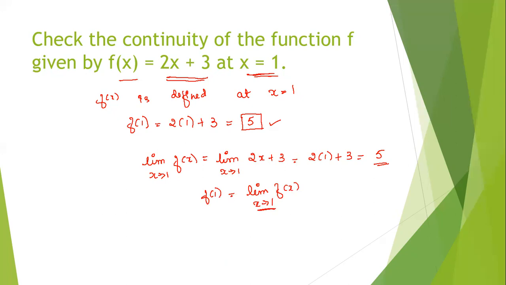When x is close to 1, the functional value f of x is close to 5, and we get functional value is also 5. So we say that, therefore we say f of x is continuous at x is equal to 1.